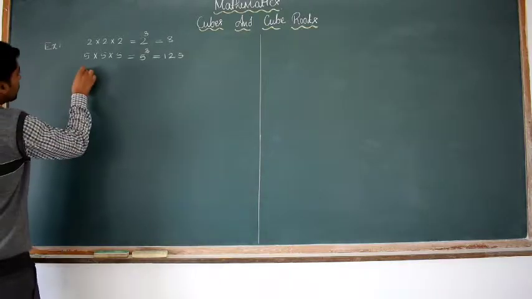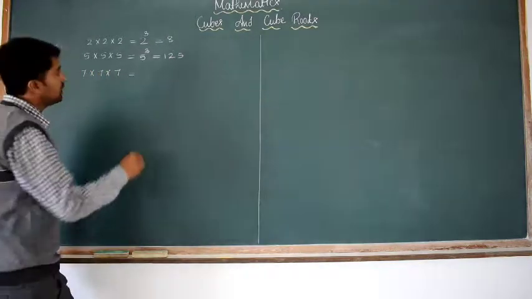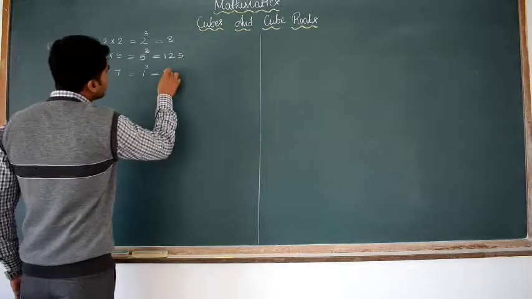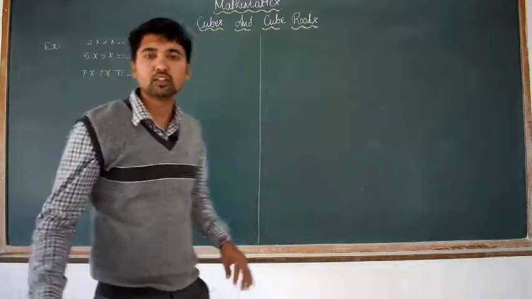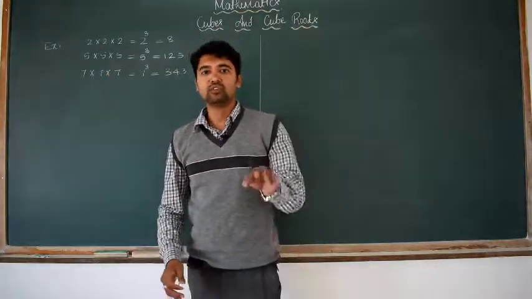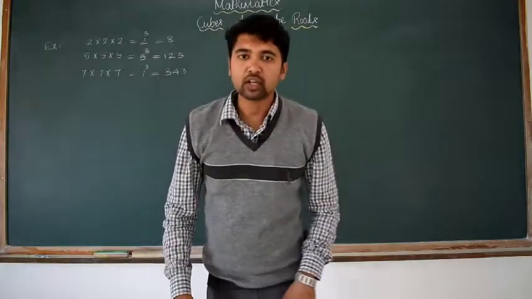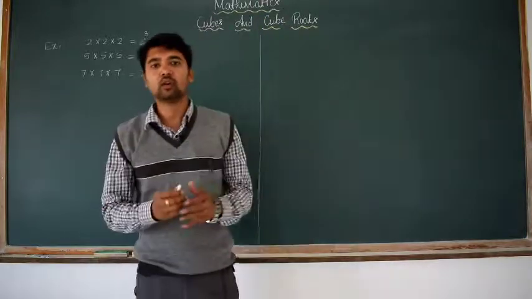In the same way, if you want to write 7 into 7 into 7, that will be equal to 7 cube, that is 343. Like this, dear students, you need to learn 1 to 15 compulsorily. Cube numbers 1 to 15 is compulsory. Square numbers 1 to 30 is compulsory. Understood?